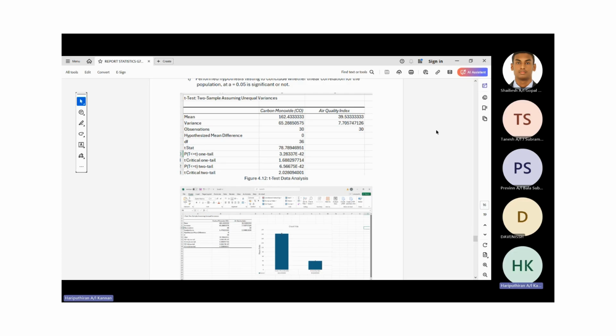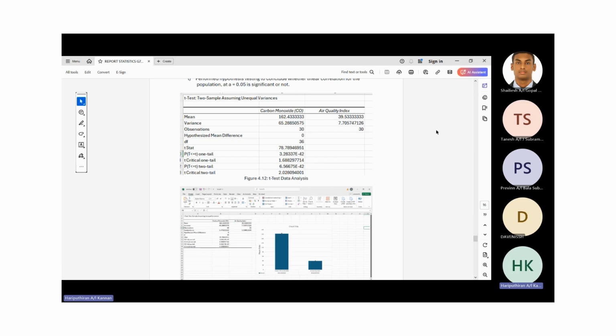significantly affects the dependent variable. The F-statistic equal to 8.654 and the p-value equal to 0.0068 indicate that the regression model is statistically significant at alpha equal to 0.05, meaning carbon monoxide levels have a significant impact on air quality index.